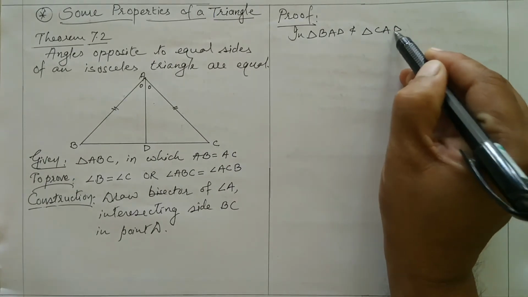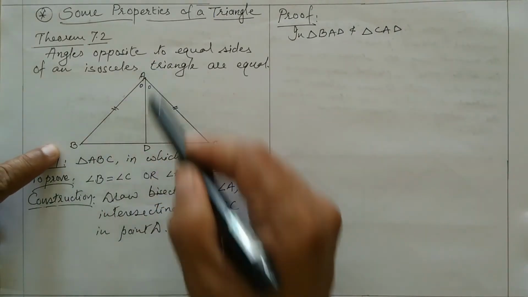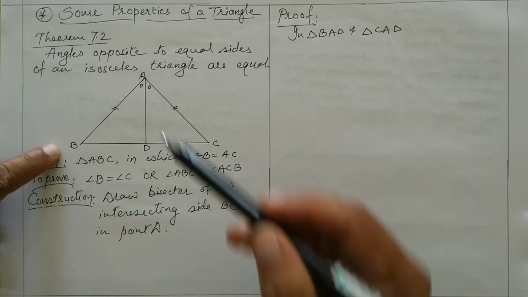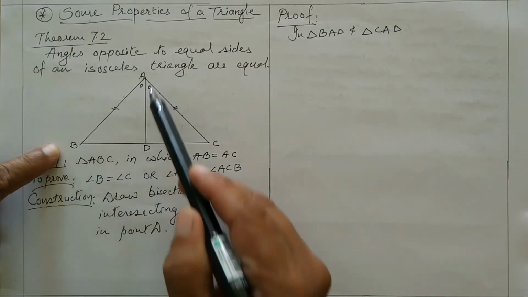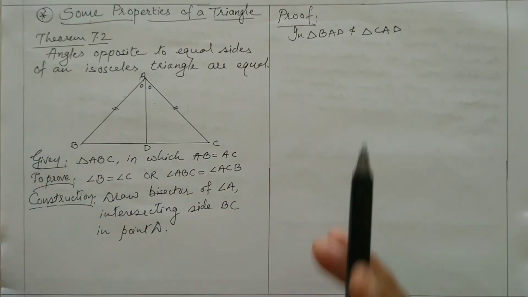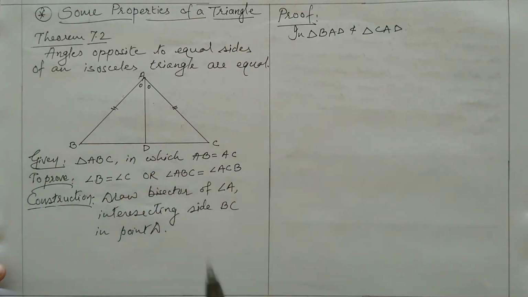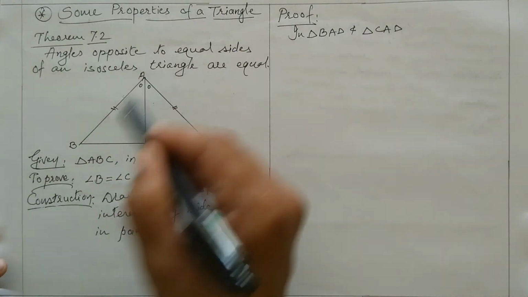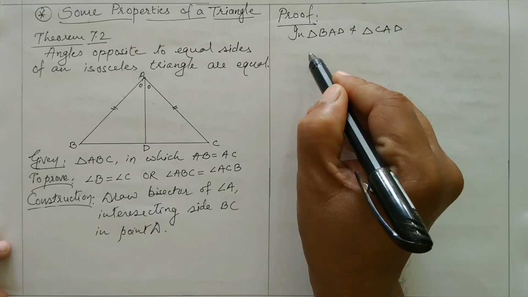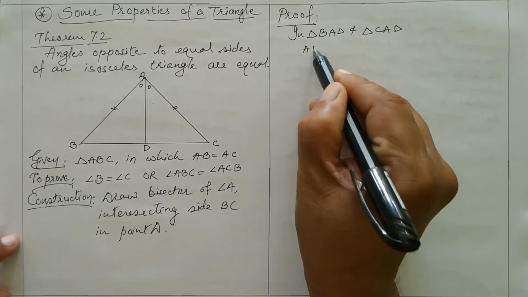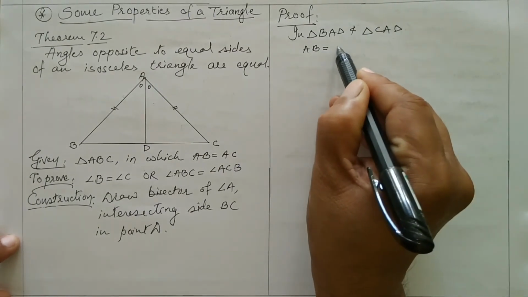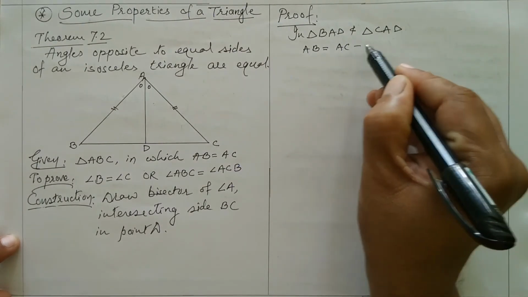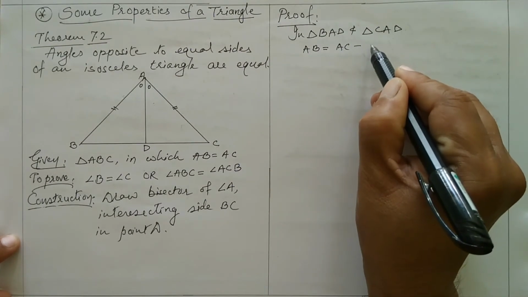You maintain symmetry starting from BAD, then you name it CAD. If you will name it ADB, then you can say ADC. So maintain symmetry. So prove these two triangles are congruent. So AB is equal to AC, it is given to us. AB is equal to AC. This is given. So this is a side.